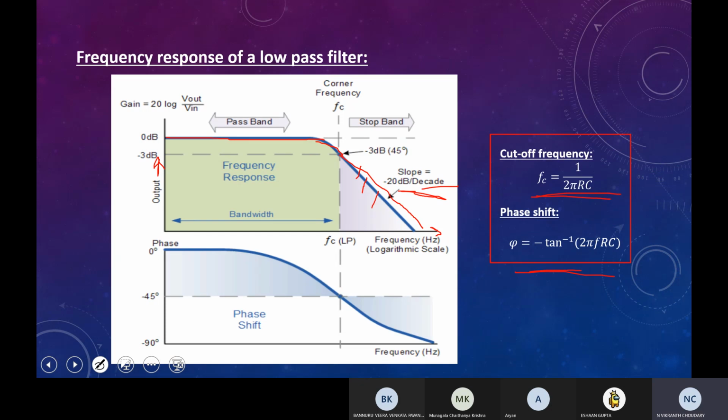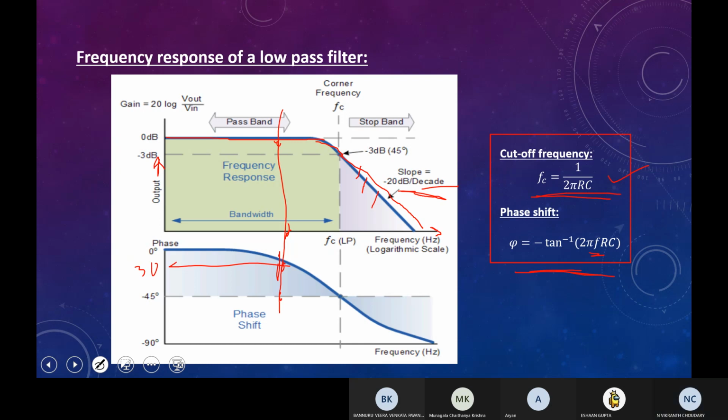Now we will also derive this. This is just a simple formula: 1 by 2 pi RC is the cutoff frequency of this circuit. And the phase shift would be minus tan inverse of 2 pi FRC, where F is the frequency at which we evaluate it. So at some frequency the phase shift would be somewhere around 30 degrees or something like that.